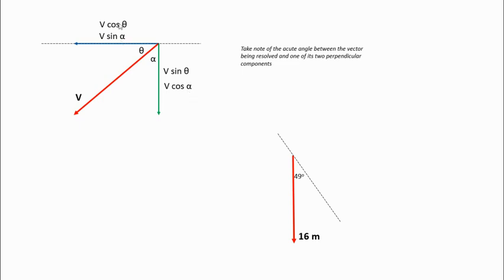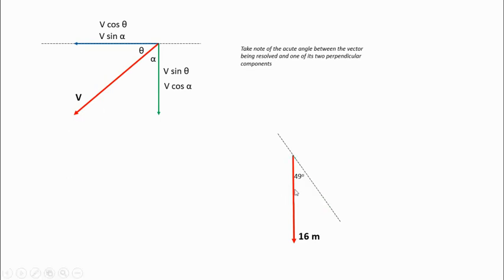Yes, because theta and alpha are complementary angles. Those are angles that add up to 90 degrees. Because remember, our components are perpendicular, so theta and alpha add up to 90 degrees. And for complementary angles, the cosine of one is the sine of the other.